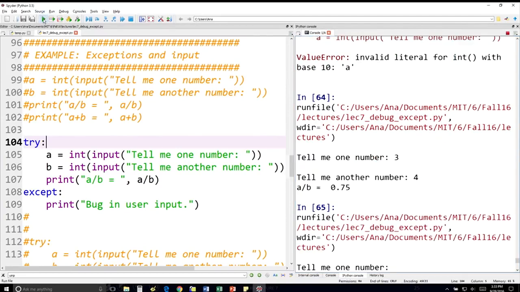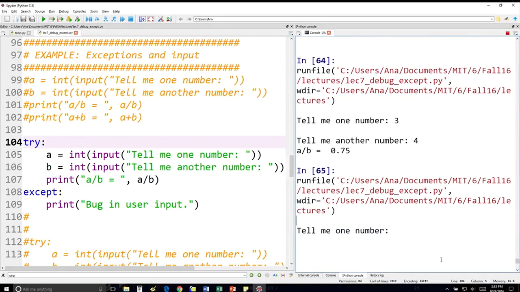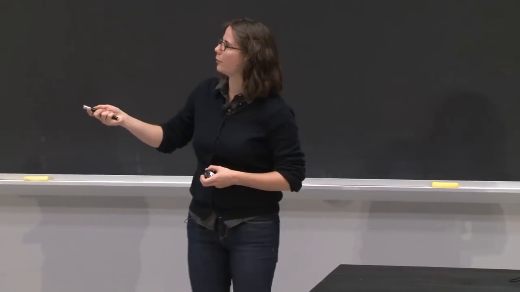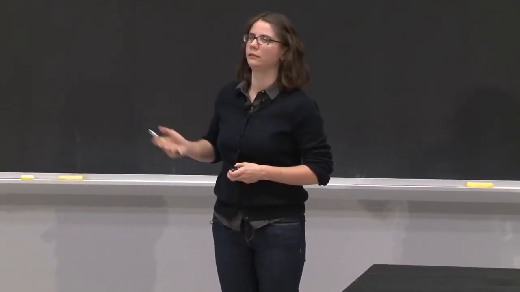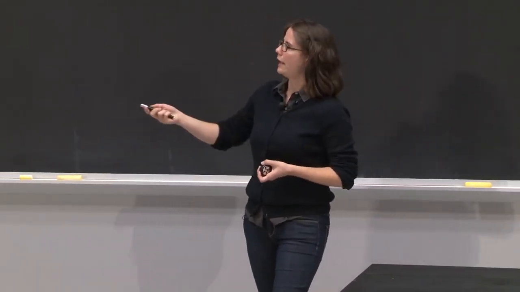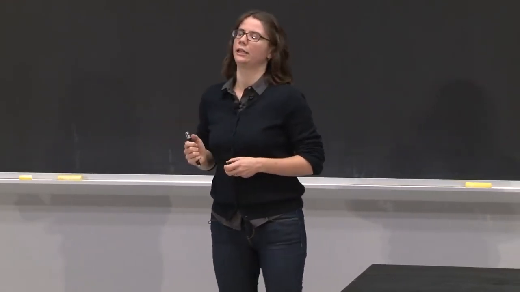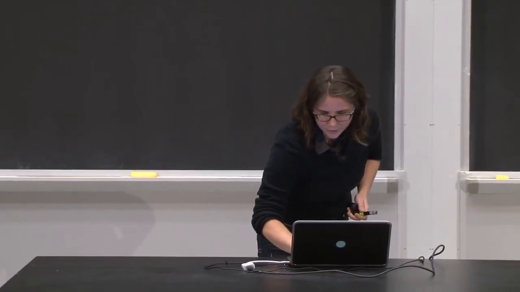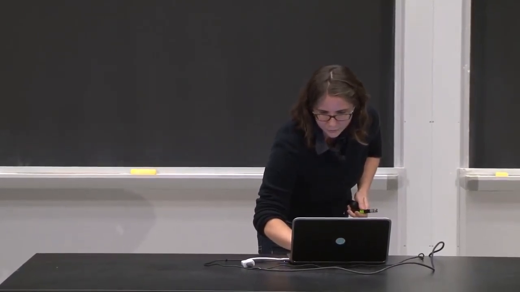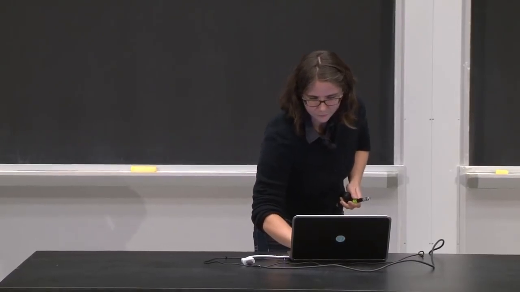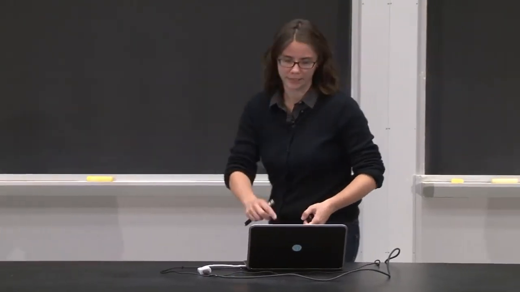But if I'm being a cheeky user and I say a, automatically this would have raised a value error in the previous version of the program. But in this version of the program, the programmer handled the exception or caught the exception and printed out this nicer looking message. So bug in user input is nicer than this whole lot here, right? A lot easier to read.